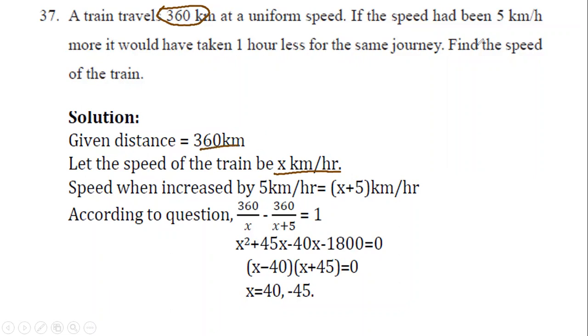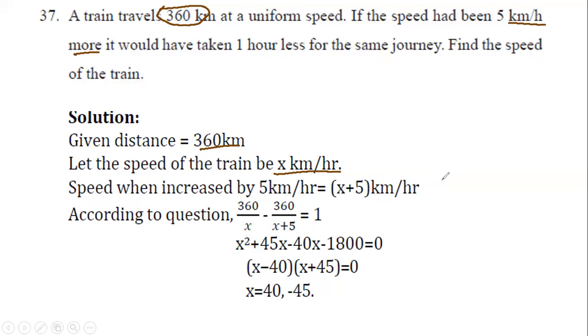If the speed is increased by 5 km per hour, it will become x plus 5 km per hour. According to the question, it would have taken 1 hour less for the same journey. Find the speed of the train.